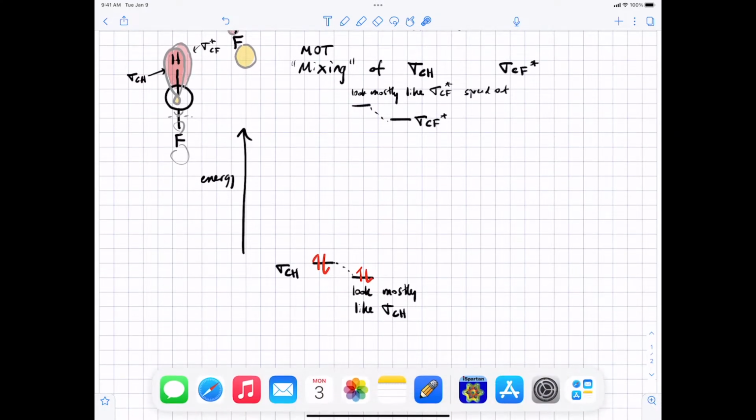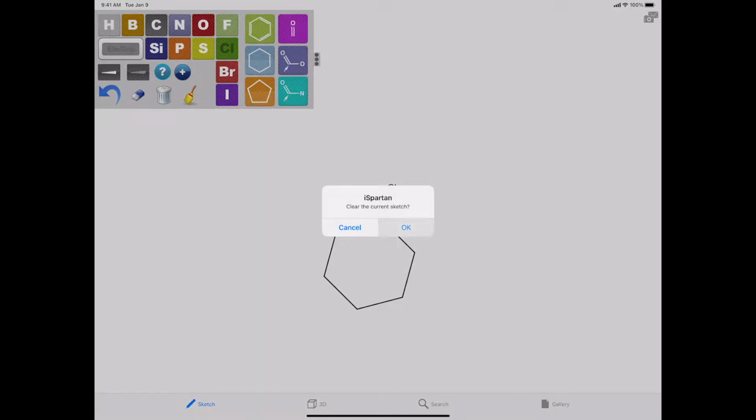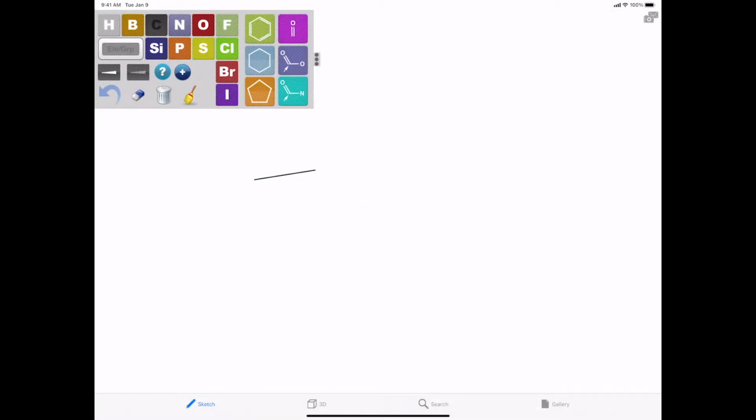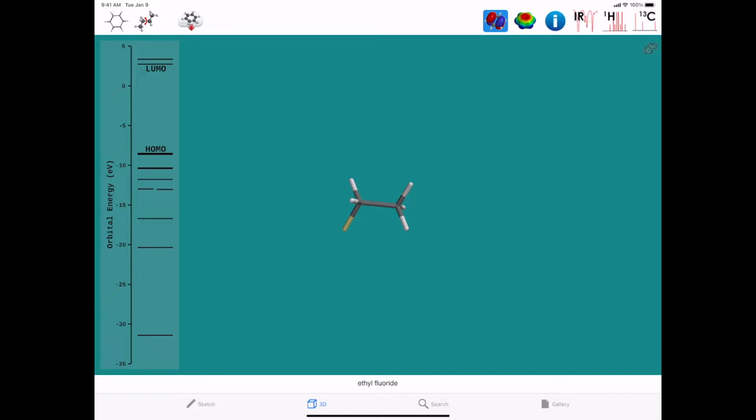This is why, if we draw this molecule in Spartan, let's see if it has it. Yay, it's in the database. And we look at HOMO and LUMO. What the heck is that? Sometimes the LUMOs look weird.